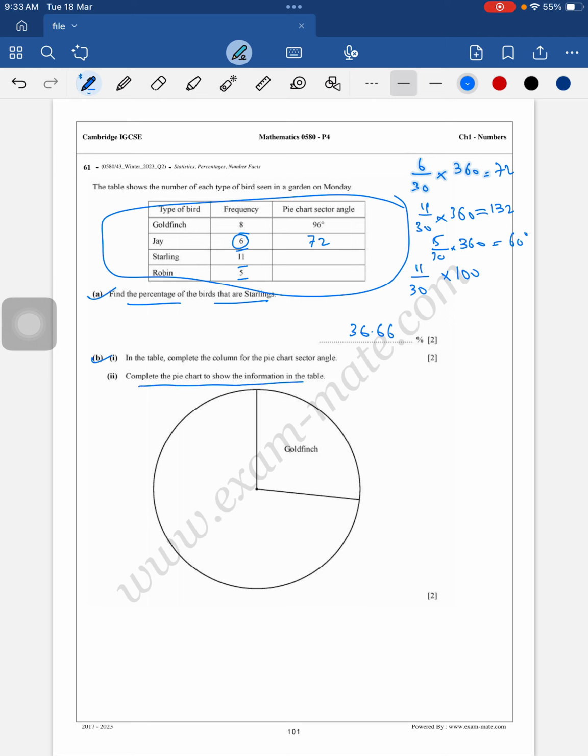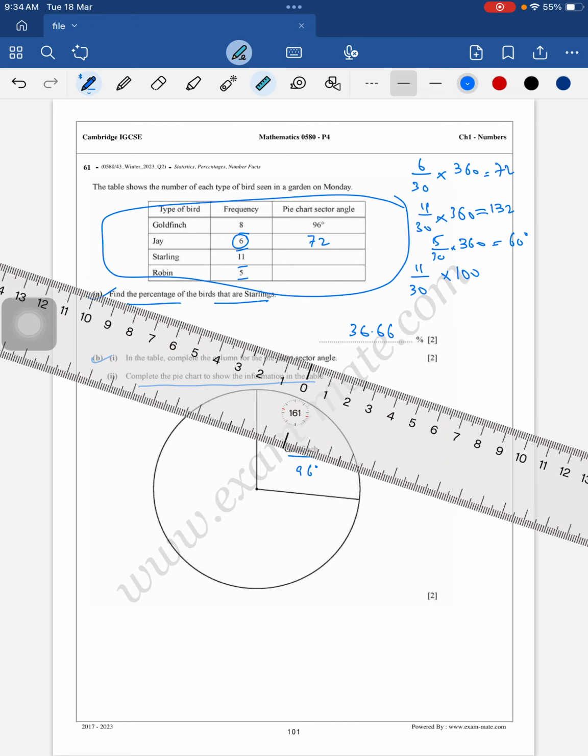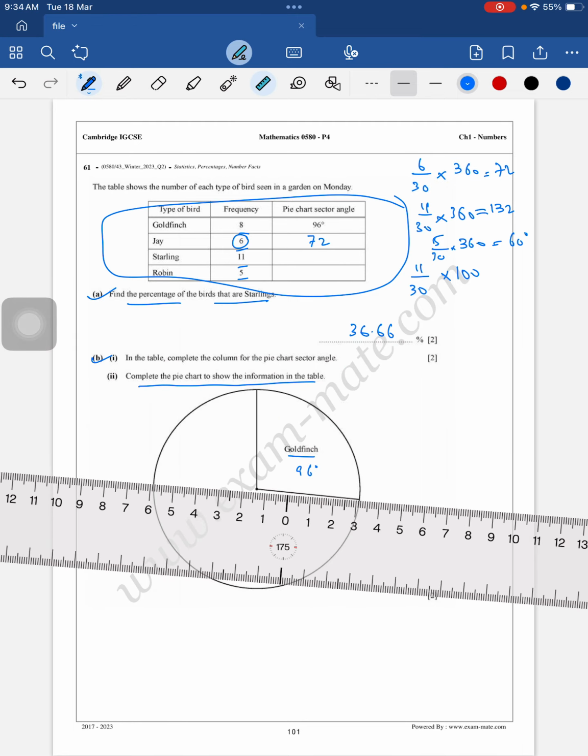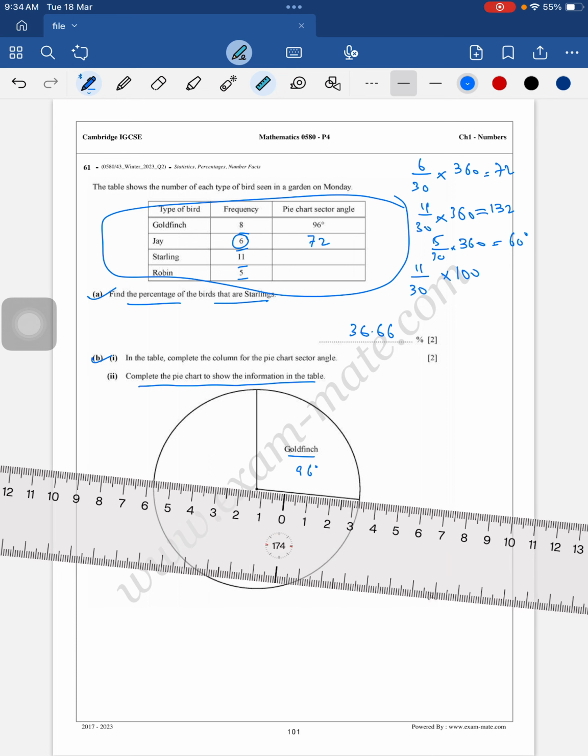Complete the pie chart to show the information in the table. We have been given goldfinch as 96 degrees. Now I am using this scale, and in this scale we have this angle as 174.